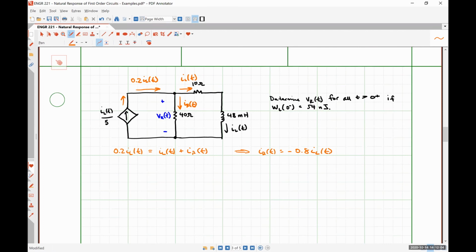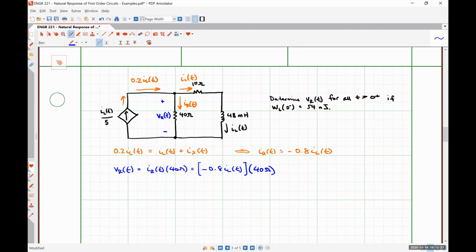You're observing what's going on and applying Kirchhoff's current law. We could use Ohm's law then and say that VR of t is equal to IR of t times 40 ohms, which is negative 0.8 IL of t multiplied by 40 ohms. Just Ohm's law there, nothing wild or crazy.